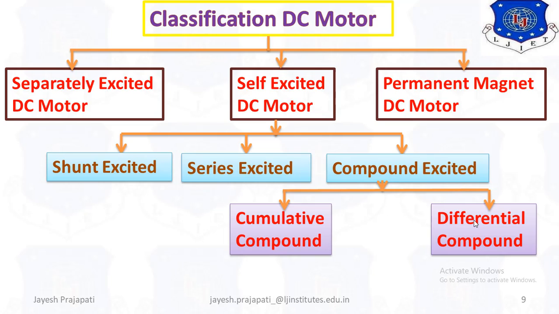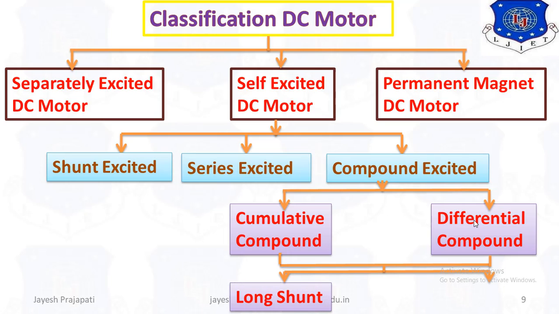These can be further classified in two ways, long shunt and short shunt. So we have long shunt cumulative compound, long shunt differential compound, short shunt cumulative compound and short shunt differential compound DC motor. So that is the classification of DC motor.